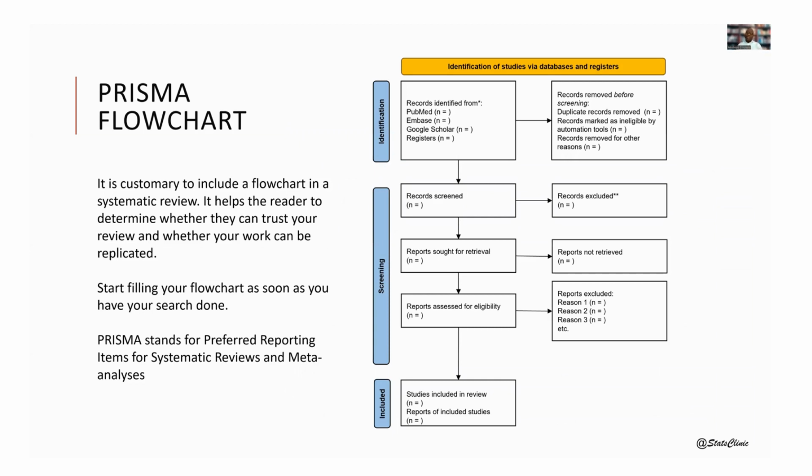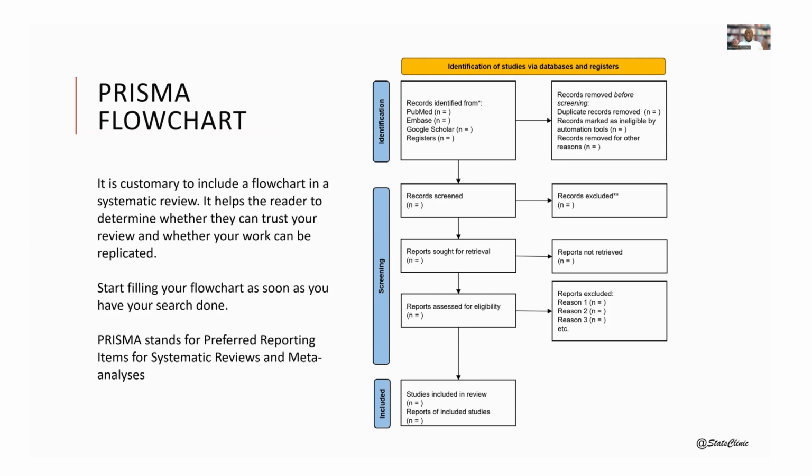But the other item is a PRISMA flowchart. And like I said, essentially a flowchart is a figure that provides information about how you moved from your study population to your target population to your analytic sample.